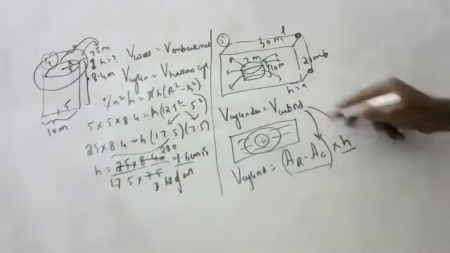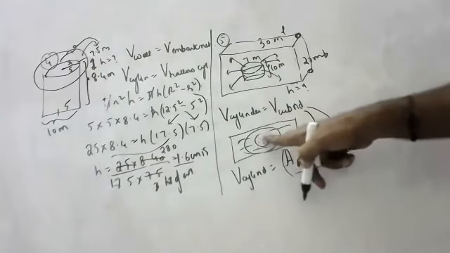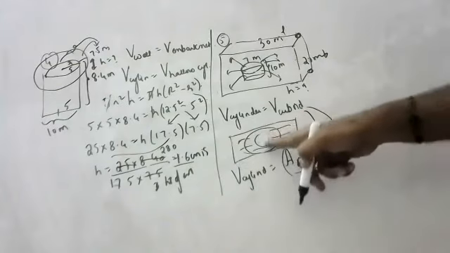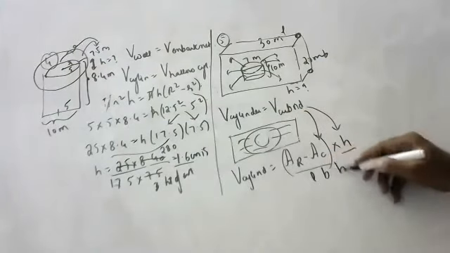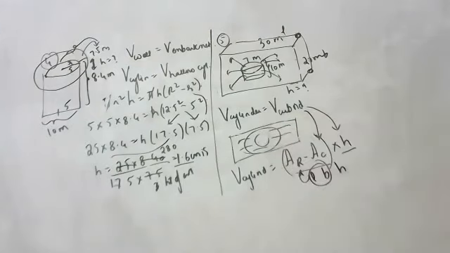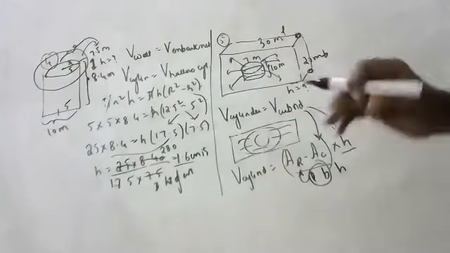You have to remove this circular portion because here it is dug. Actually LBH, L into B is area. Area of rectangle minus area of circle, and into height. Then you will get the remaining portion raised.